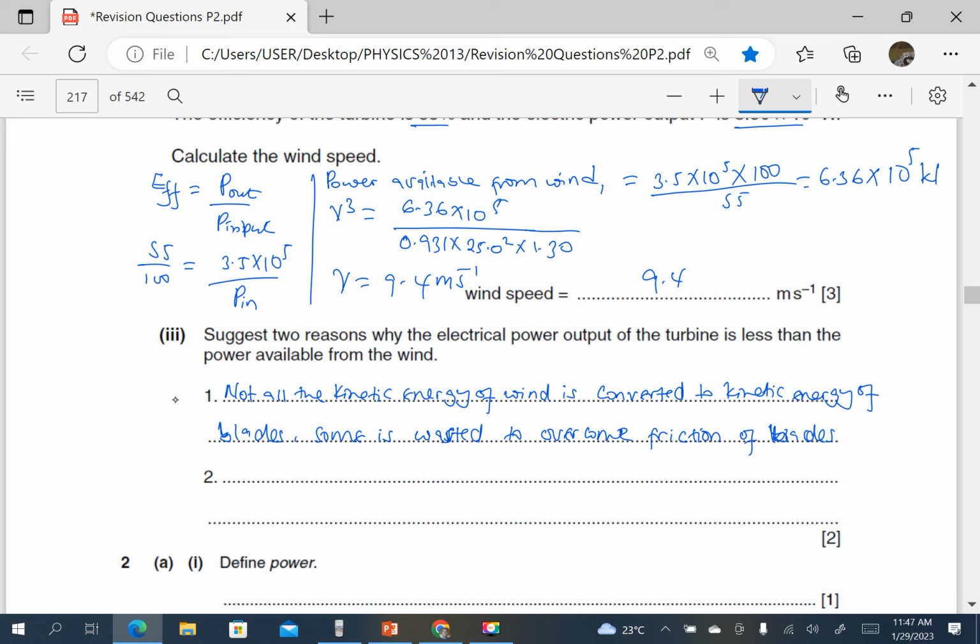So we can say generator conversion to electrical energy is not 100% efficient, as heat is produced in the generator.